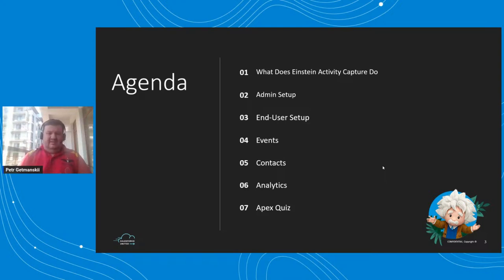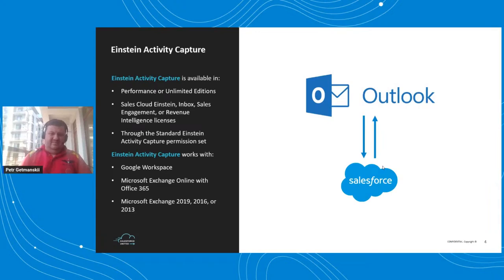Next, basically, how it works and why we need this functionality in Salesforce. Einstein Activity Capture is a simpler way to integrate your personal mail account with your Salesforce org without copy-pasting any tasks, contacts data, and so on.